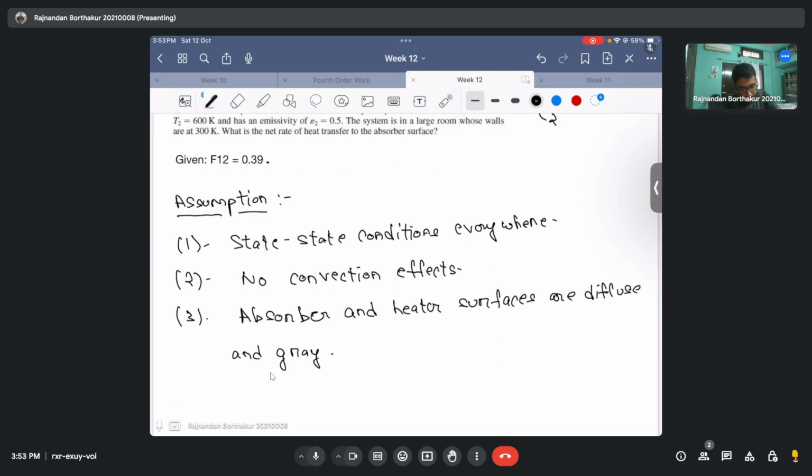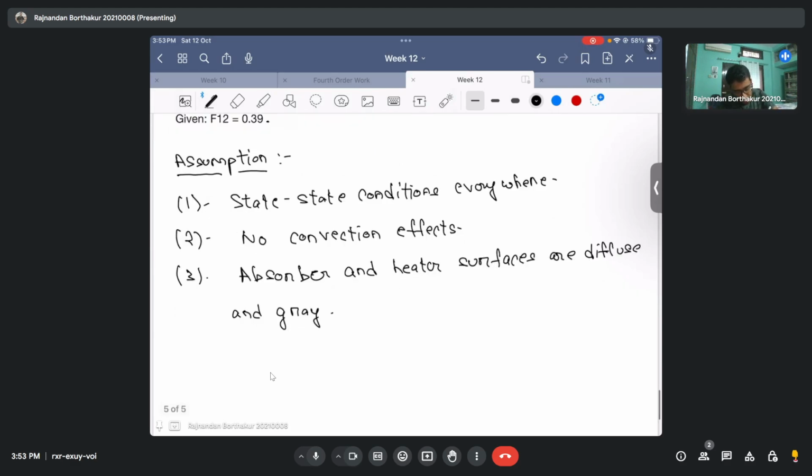Okay. And of course, there is one more assumption that you need to consider, that is, uniform irradiation and radiosity from all surfaces.